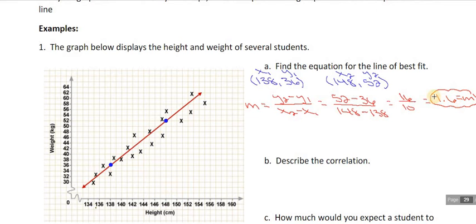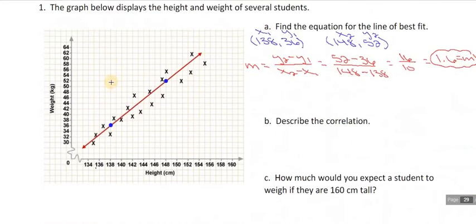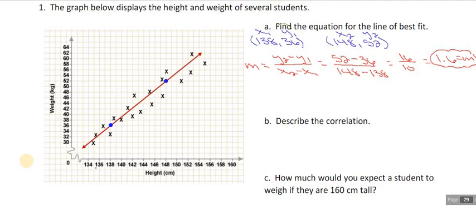So there is our slope, and now we need to write an equation. It says if your graph has a y-intercept. This graph does not have a y-intercept because of the break in the graph. So we're going to write an equation, and we're going to put it in slope-intercept form eventually. Right now I've got slope and I have an ordered pair.